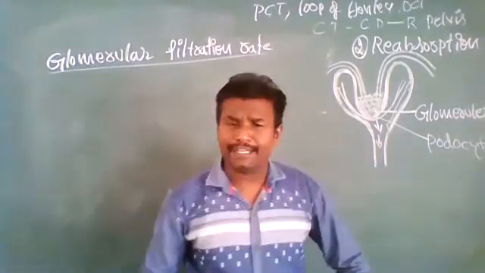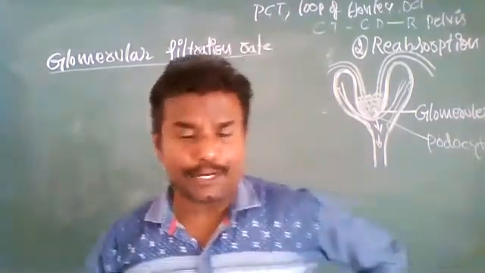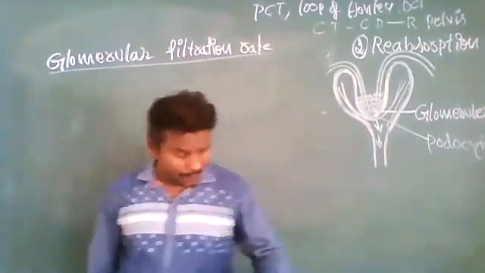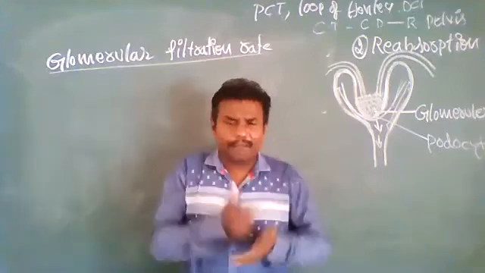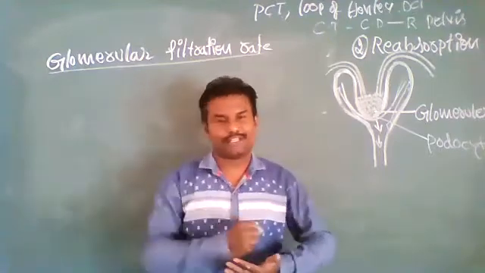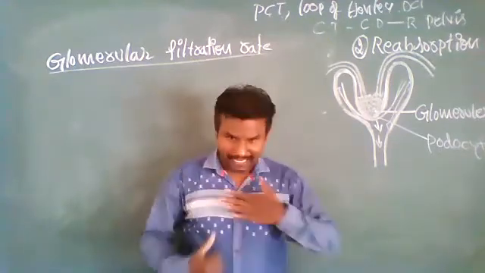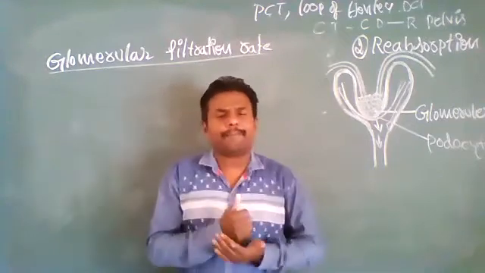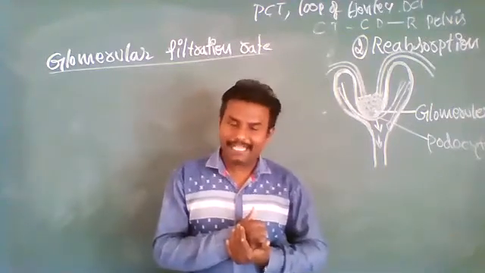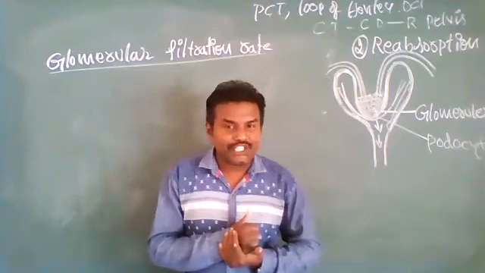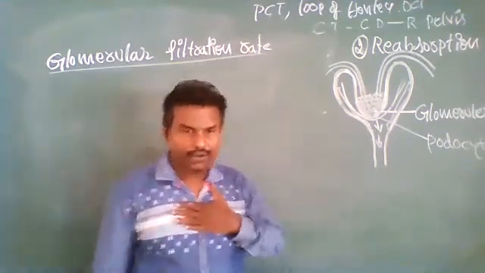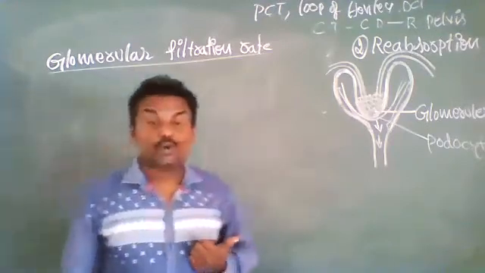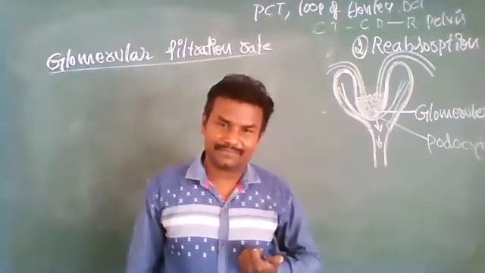Here is one very important point I wanted to discuss. See, our kidneys have a well-developed inbuilt mechanism, that is glomerular filtration regulation capacity. Our kidneys regulate the glomerular filtration rate.